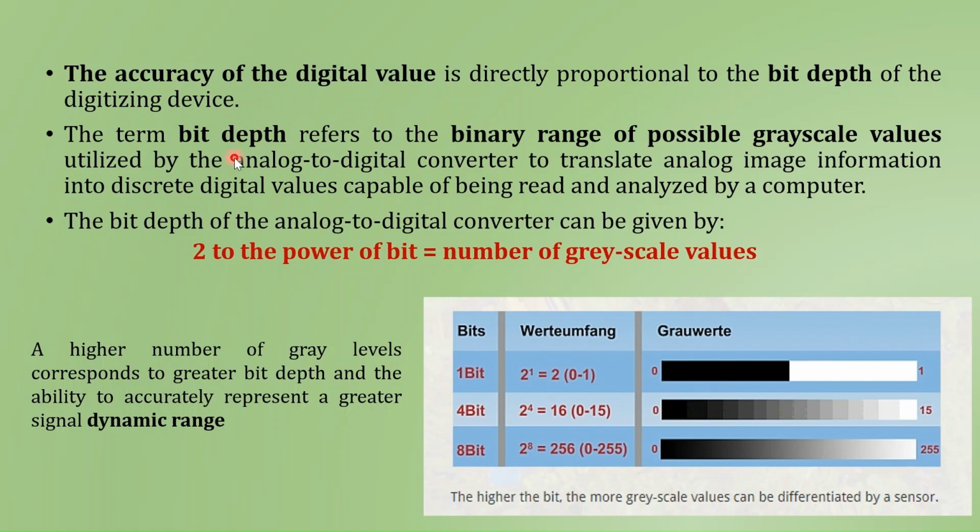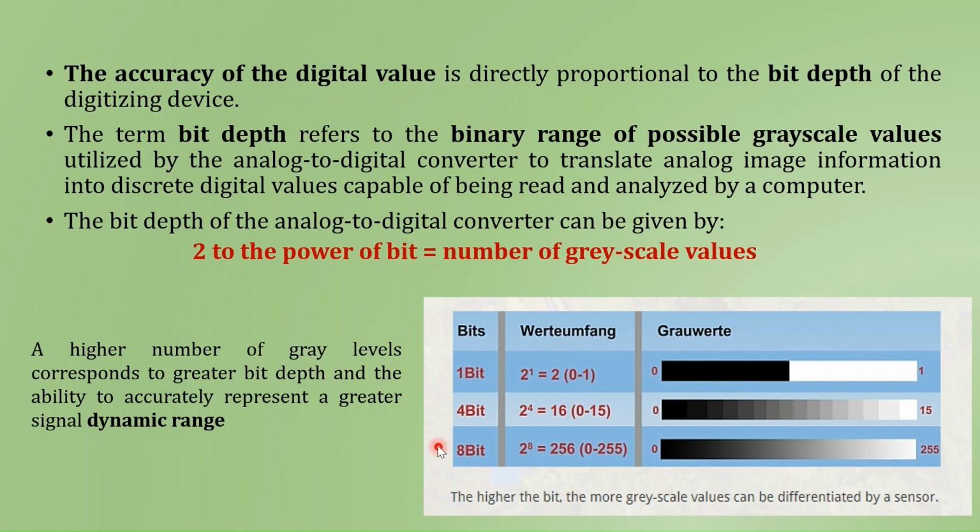To calculate the bit depth, it is simply 2 to the power of bits, which gives us the number of grayscale values. In this image, if it is 1 bit, it means 2 to the power 1, so we have only two shades: black and white. Black will be the areas of complete absorbance and white will be the areas of complete reflectance.